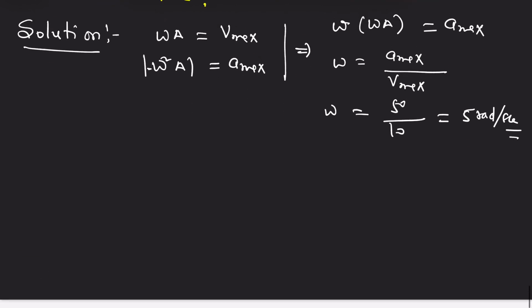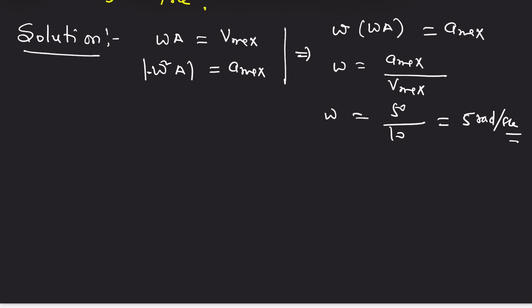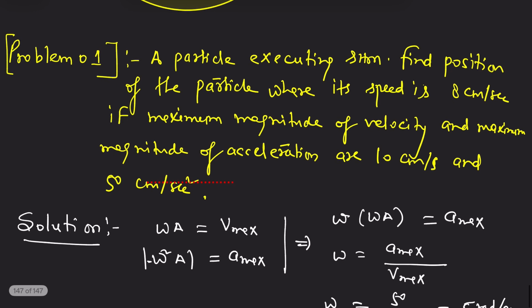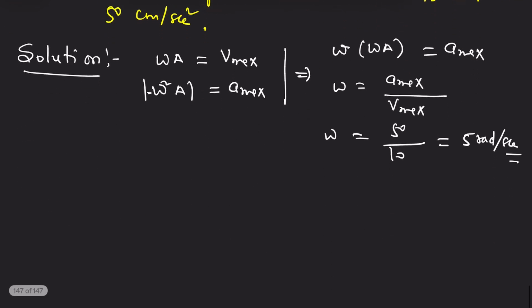Now let me make the velocity and position phasor. The particle is executing SHM. They had asked to find the position. So if I draw the phasor diagram, let's say this is your position phasor diagram.